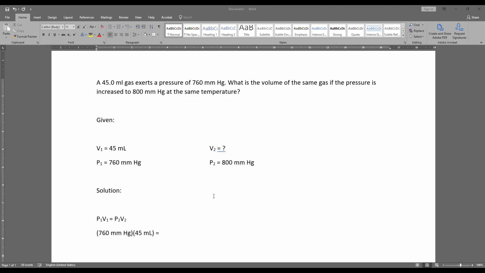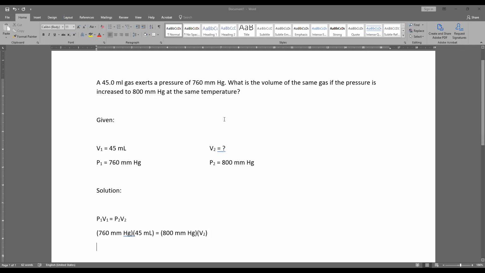P2 is 800 millimeter of mercury, times V2, which is unknown, because this is unknown, right? Yes. Substitute.